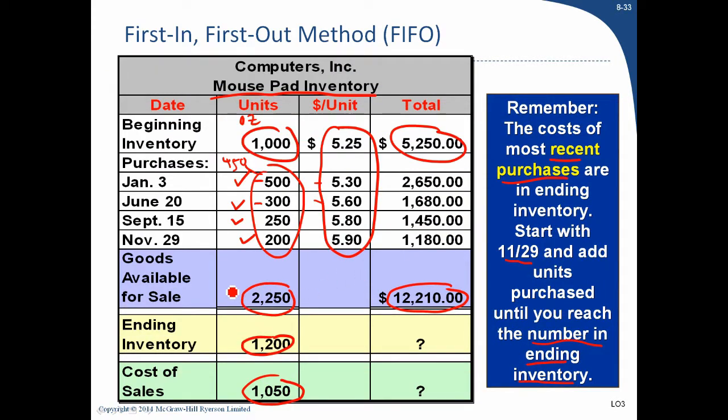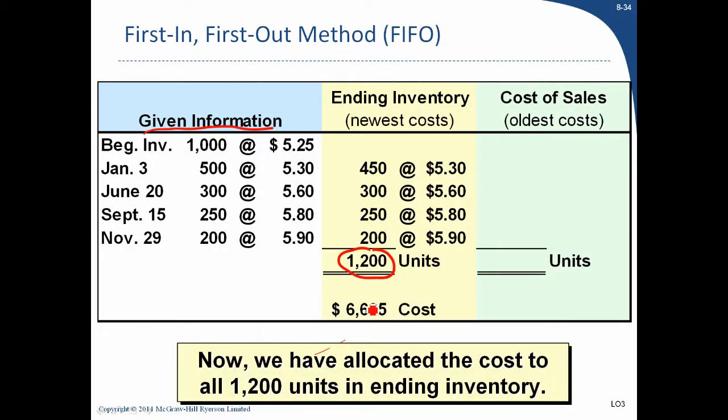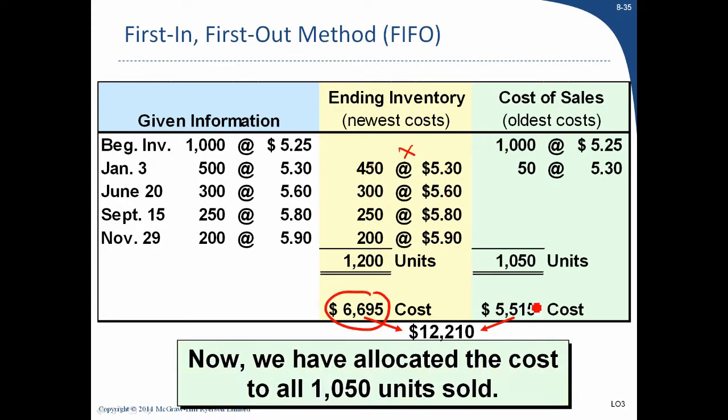Now you know that your goods available for sale was worth $12,210. So you could take $12,210 minus $6,695, and that'll give you $5,515. You can check your work to make sure you got it right, because you know that by definition, whatever's not in ending inventory was assumed to be sold.